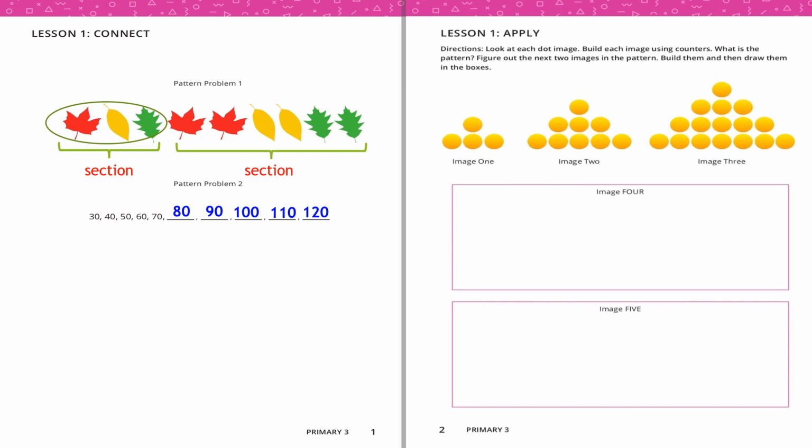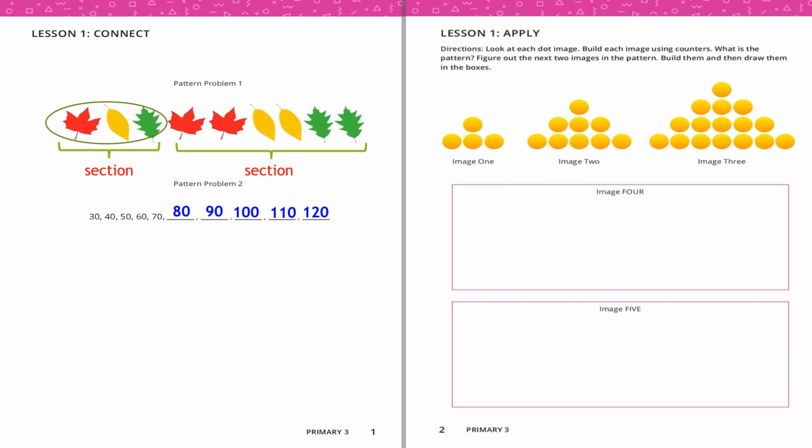Let's apply together with dot pattern. In dot pattern here we use some dots. We have 3 images and we will notice what is happening. Our pattern is growing.